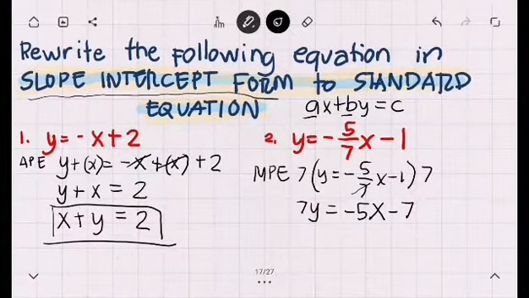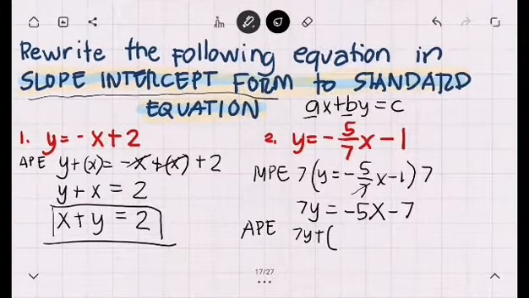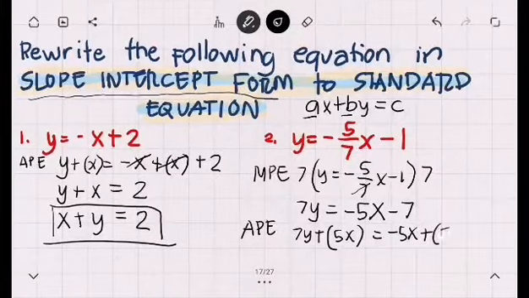Okay. So, in this case, pwede na natin itong gamitan ng APE o yung addition property of equality. So, para ang matira sa right side ay constant, ibig sabihin, mag-a-add tayo ng opposite ng negative 5x both sides. So, we can now add positive 5x sa left side and positive 5x sa right side.